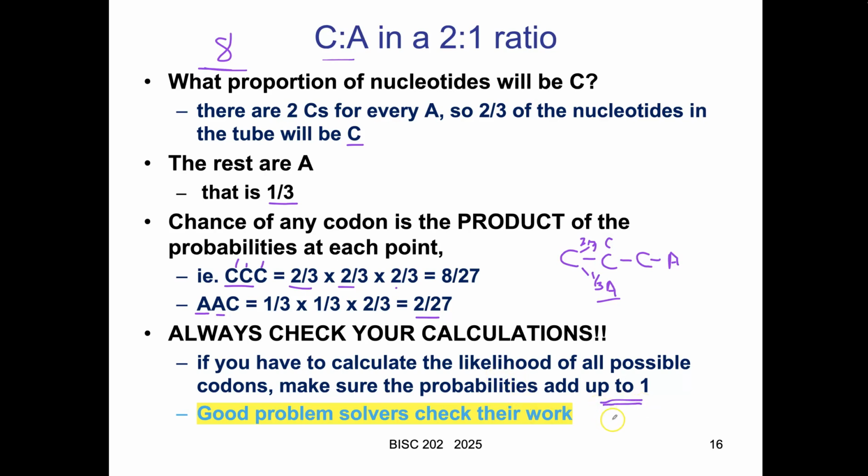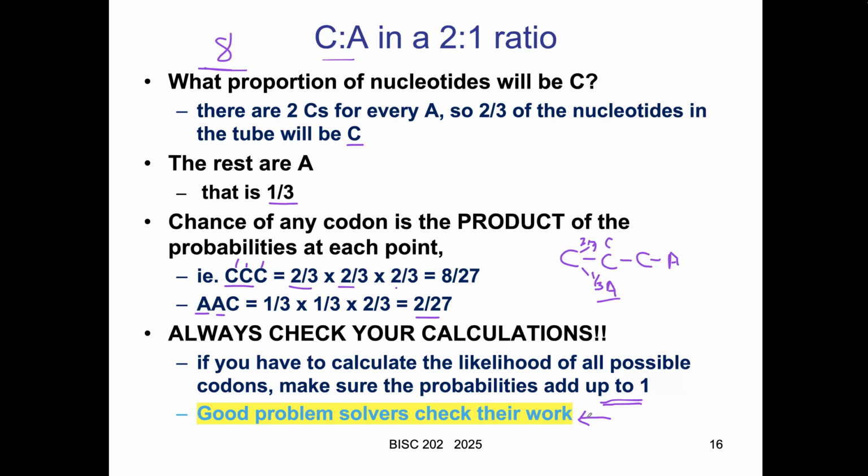And this is just a note. You're going to be solving problems in this class, more so towards the later sections, but even in here you can see that you'll be solving problems and doing calculations. And one of the best ways of being sure you're on the right track is making sure that, in this case, the probabilities add up to 1.